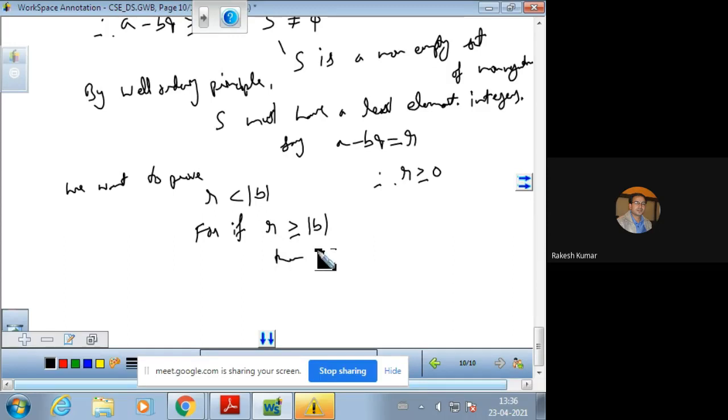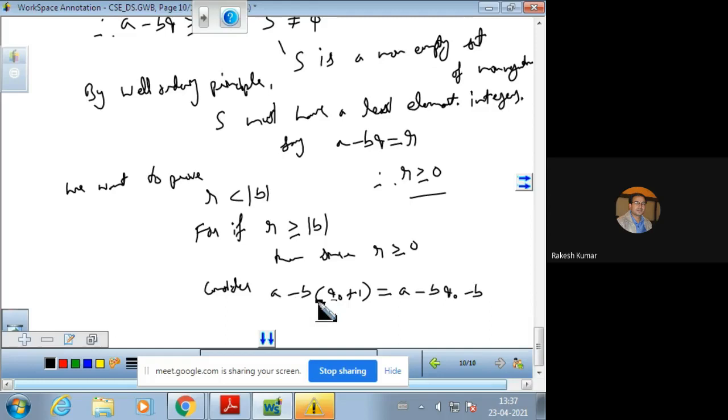Then, since r is greater than or equal to 0, we have already proved it, we can choose b to be a positive integer so that a minus b into q naught plus 1 should be a minus b q naught minus b. This is we are considering for proving the result. So a minus b, this is the new integer we are taking.